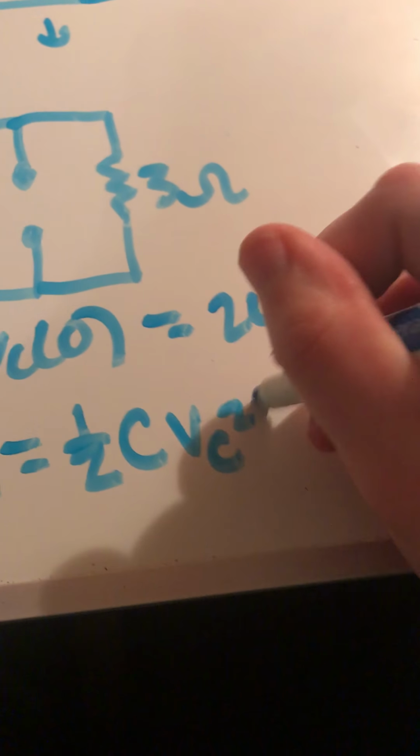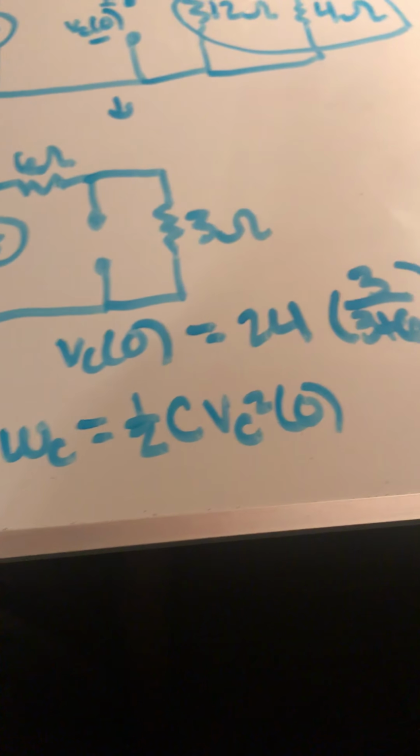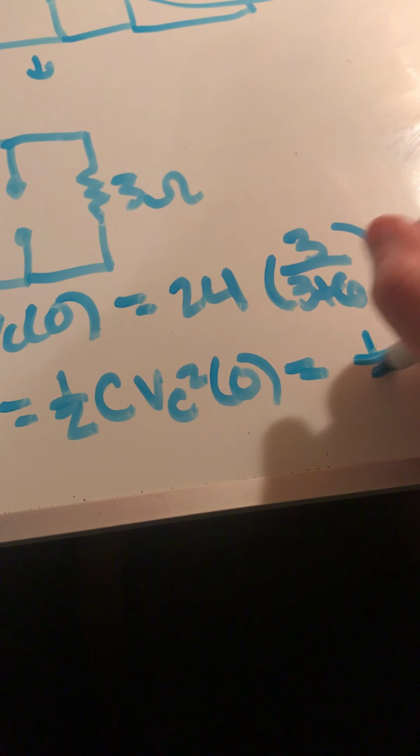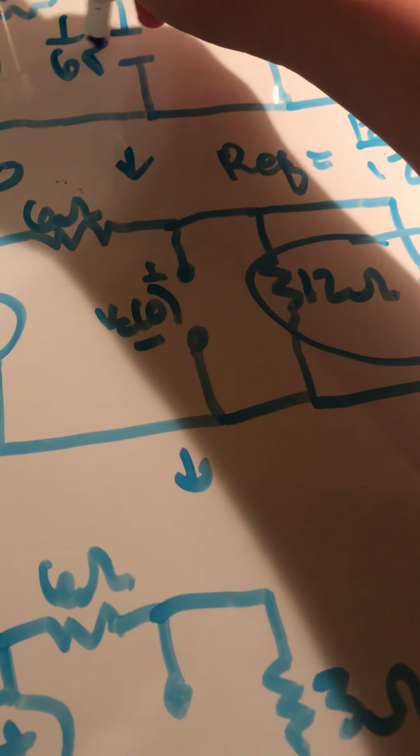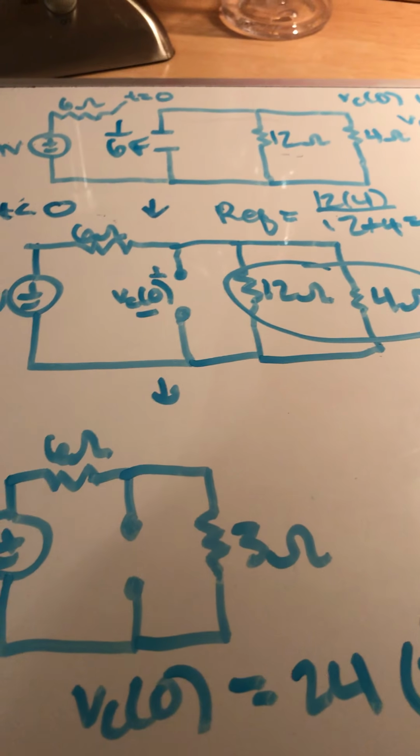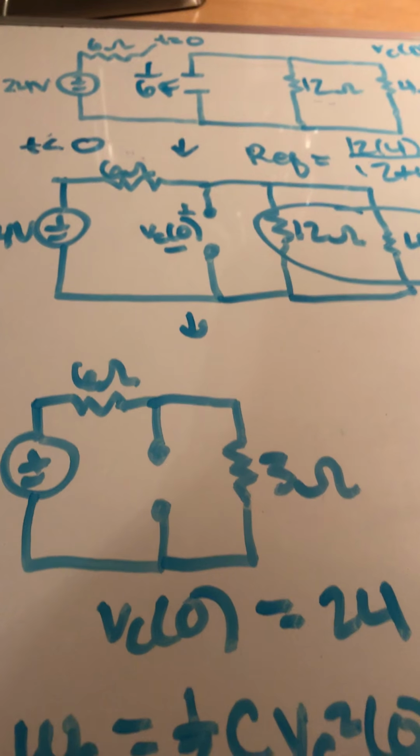And then you can find WC of the capacitor, because that has an equation of 1/2 times capacitor times voltage squared at 0, which here you can see is 1/2. C is 1/6. Oh, did I not write that down? My bad. This is 1/6 F. Sorry for not writing that down in the beginning.